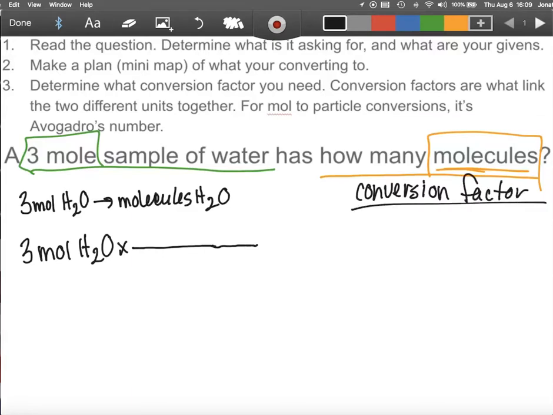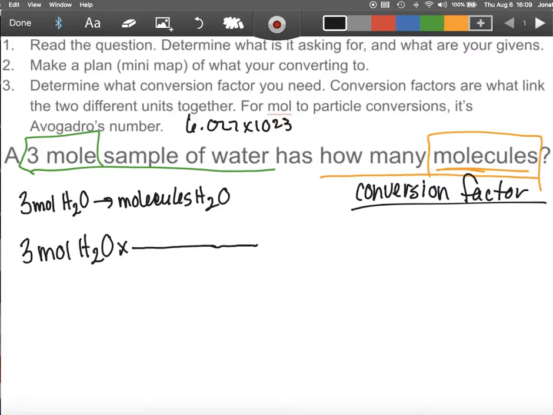Well, ladies and gents, we're converting moles to the number of molecules, okay? And if you take a look up here, whenever you're converting between particles, which can be a molecule, and its mole amount, you have to take into account Avogadro's number, which is that very famous 6.022 times 10 to the 23rd. Just like a dozen is 12 things, 1 mole is 6.022 times 10 to the 23rd.